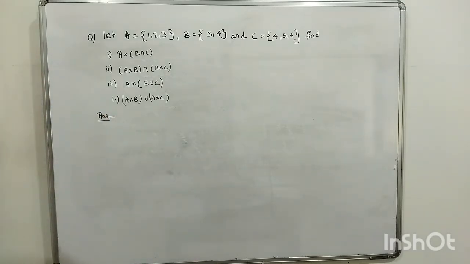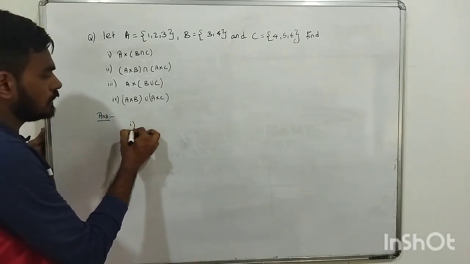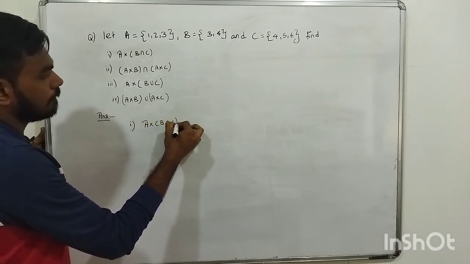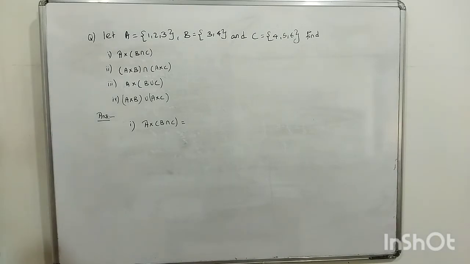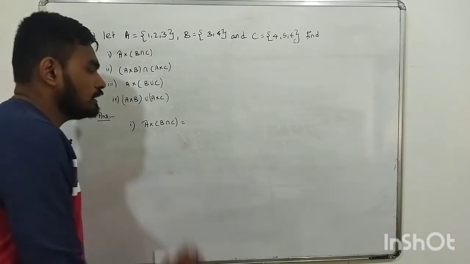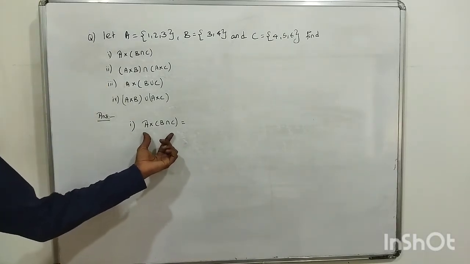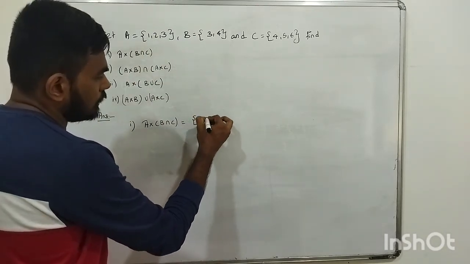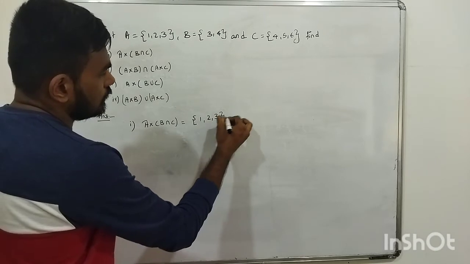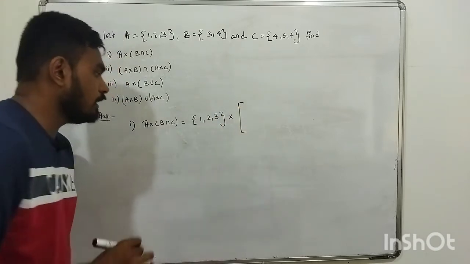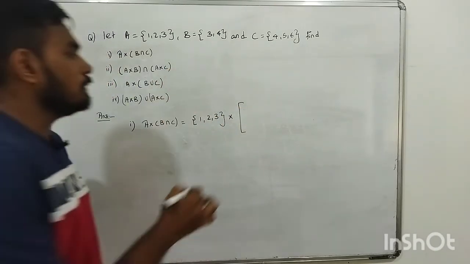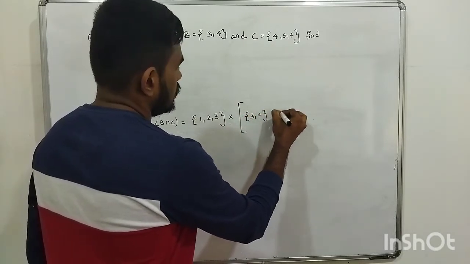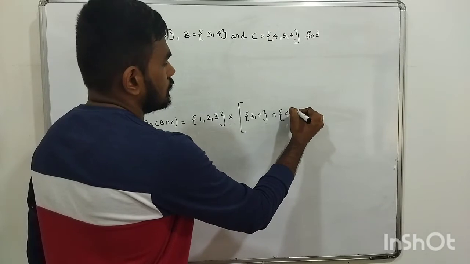So first one, A cross B intersection C. Here I'll write in brackets. A is {1, 2, 3} cross, in proper brackets, B which is {3, 4} intersection C which is {4, 5, 6}.